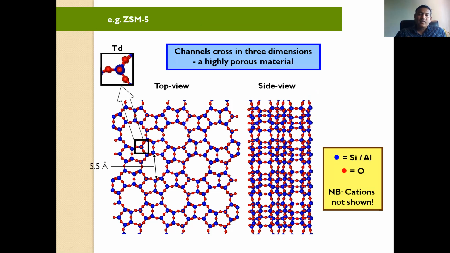Around the silicon or aluminum there is again oxygen. If we see it at the molecular level, it looks like this. So there are pores, and see, these pores have different sizes, in angstroms, very small.